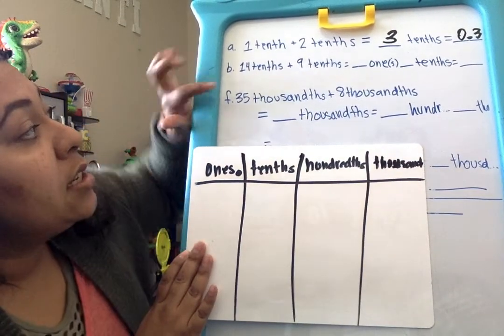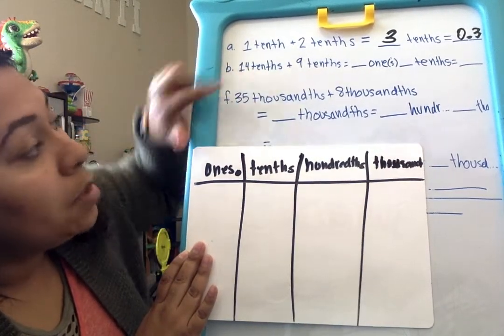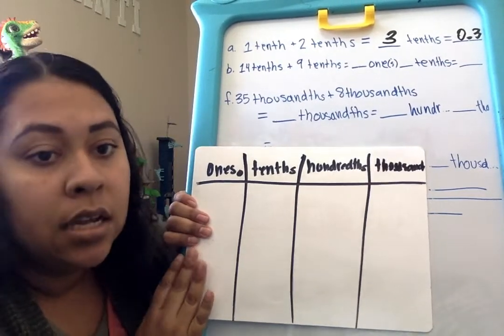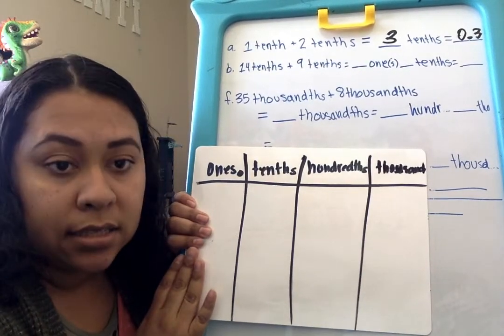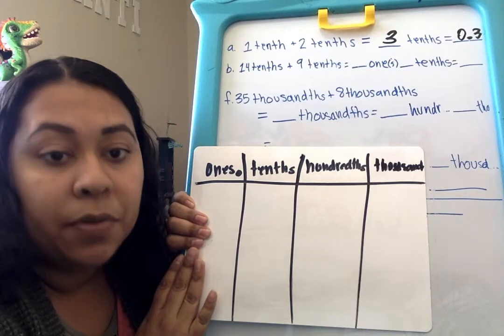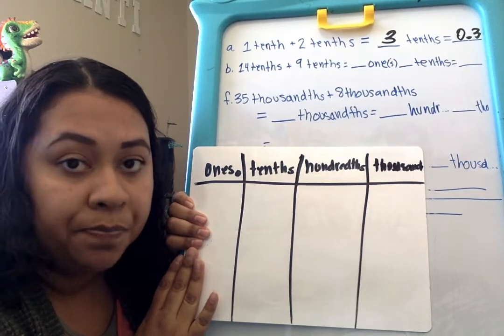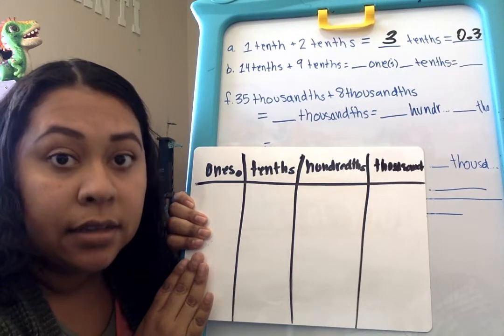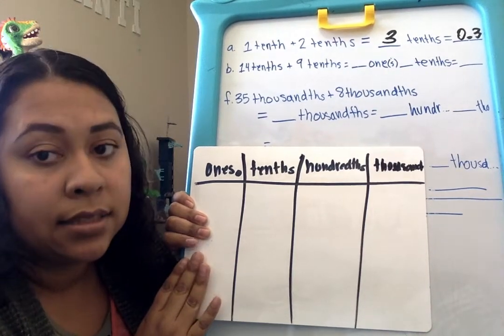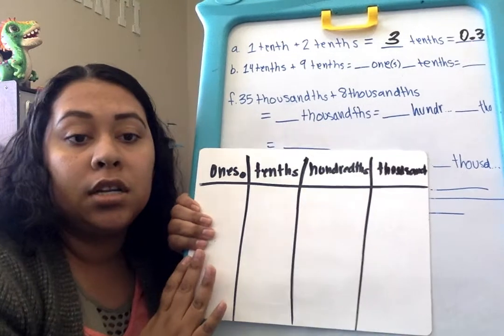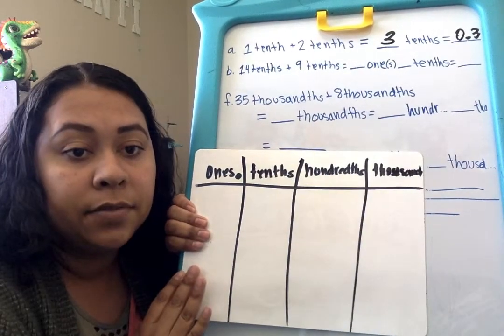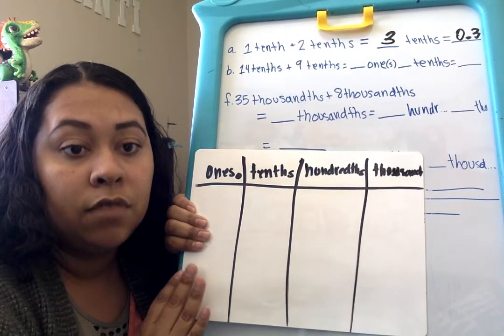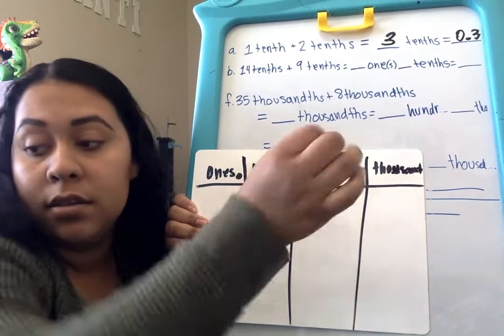So now B says 14/10 plus 9/10. I see that both of those have the same unit, so you can just add 14 plus 9, and that will give you your total tenths. On your place value chart, you may not have enough discs to do 14 plus 9, but you may.